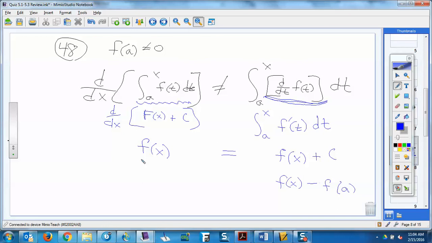The antiderivative of the derivative. Now, doesn't that seem like the square root of x squared? Remember, x squared and then the square root, the square root of x squared. Is that the same as x?